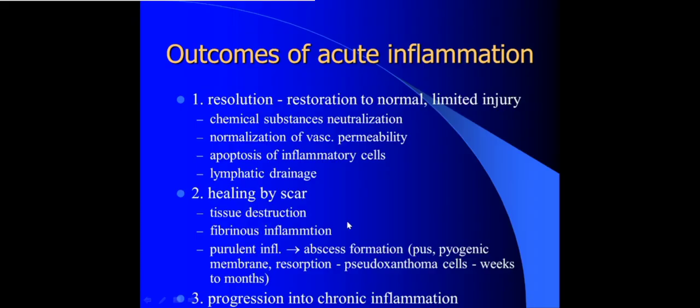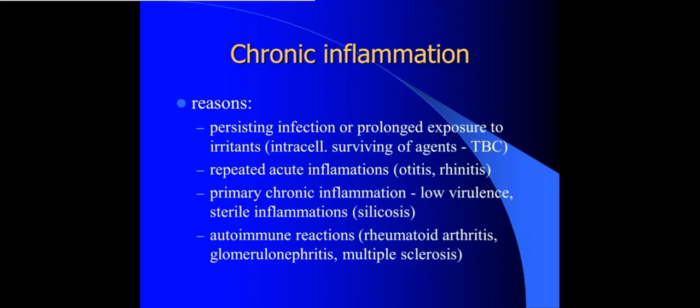That pus indicates that the inflammation has not been cured. Progression into chronic inflammation means if pus is generated, the inflammation has progressed into chronic inflammation.